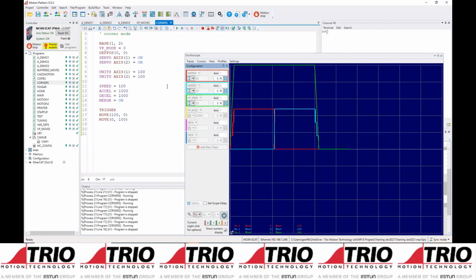That's better, yeah. If you're playing around with the controller, you've got to always remember that. If you run some demo with a certain set of parameters in the axis, it will remember it. So it had remembered I had a different VP mode in there, which, as I said, is only in a single axis mode, the VP mode 3 or whatever it was. Okay, so there we are.